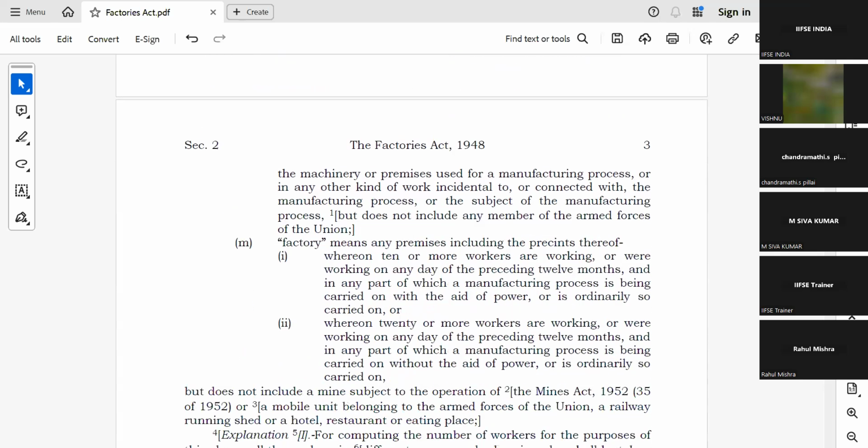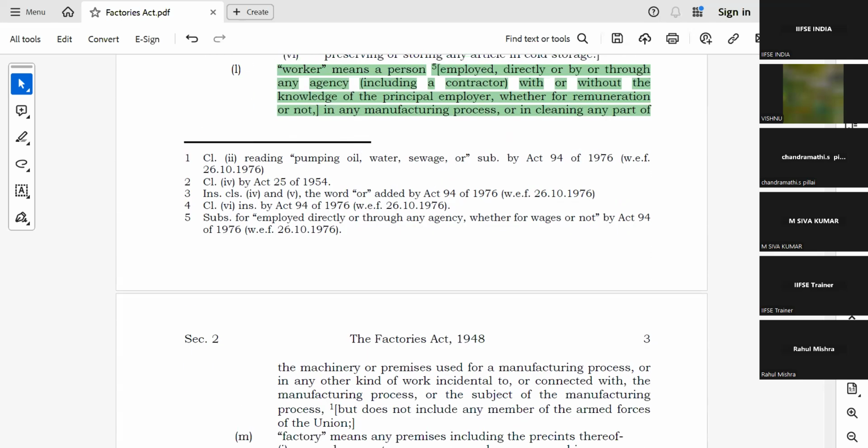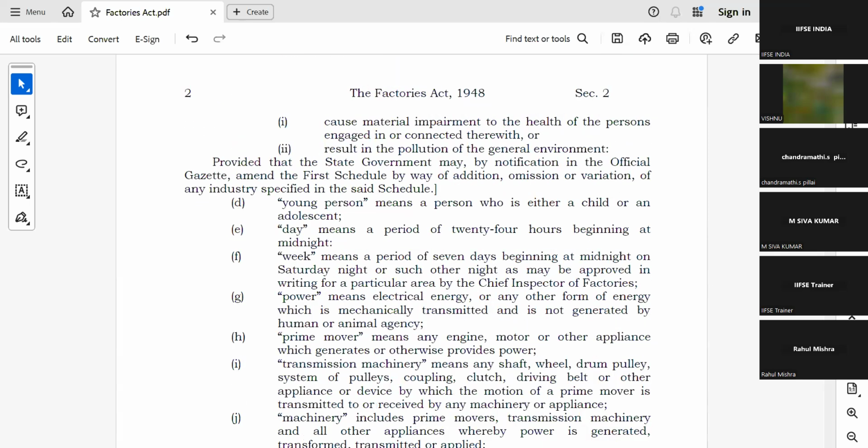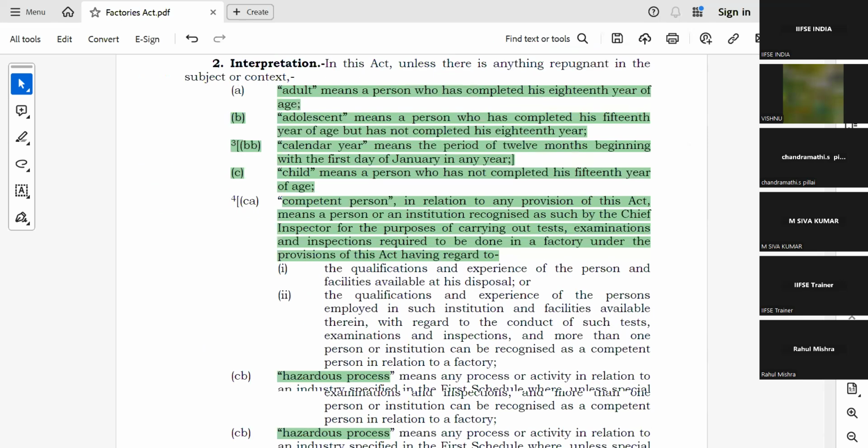Any worker who is our own employee or a contractual employee will be called a worker.